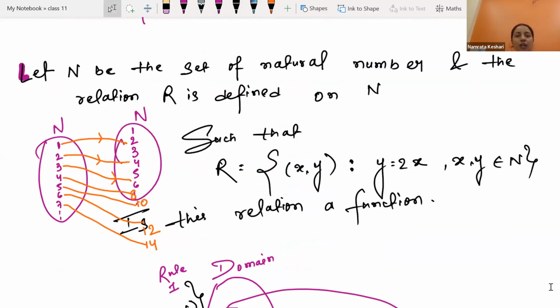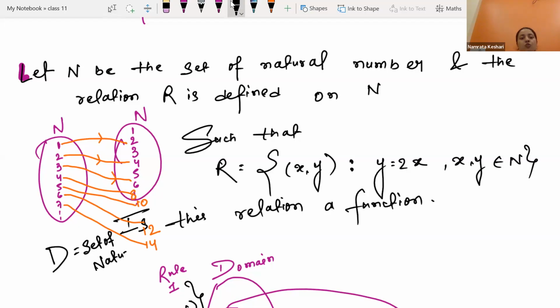We have taken a few natural numbers in the first set, till 7 we have checked. 1 is generating the output, 2 is generating output, 3 is giving the image, 4, 5, 6, 7 are giving the image, 8 will give, 9 will give, just like that all the natural numbers will give the image. So can I say the domain will be the set of natural numbers? Yes, ma'am.